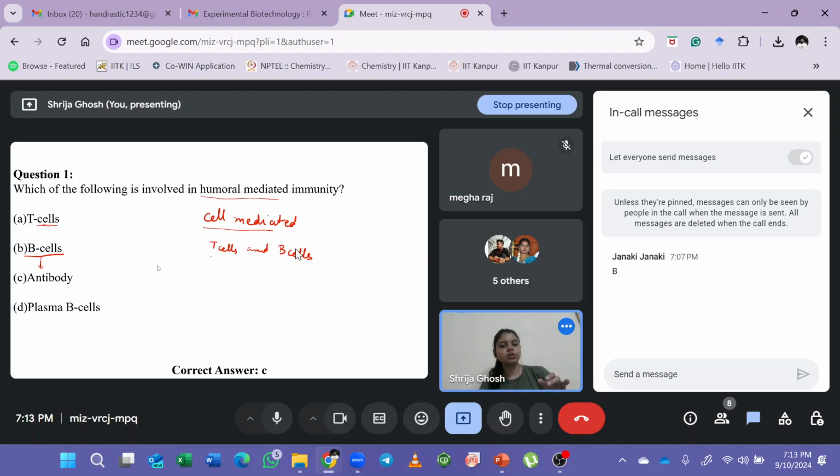Okay, so this immunology is not a direct part of this course, but for doing any kind of biotechnology, you need to develop a base of immunology if you are going to use antibody based assays that are frequently used in biotechnology. Okay, any doubt? This is clear to everyone?